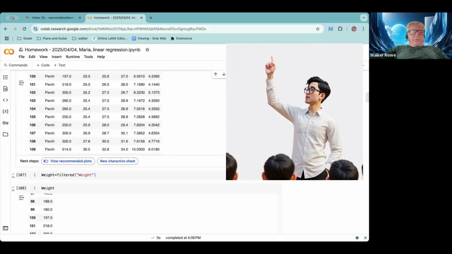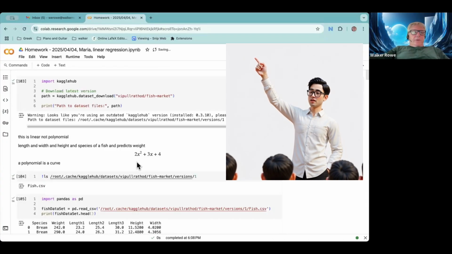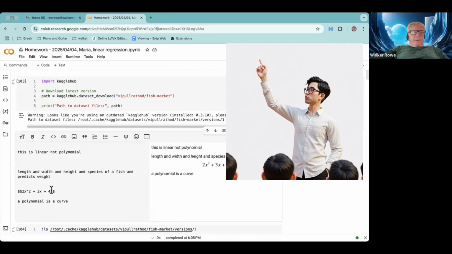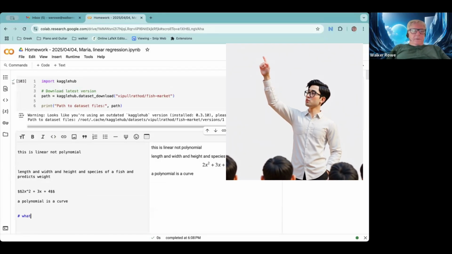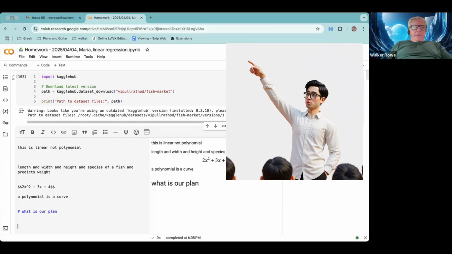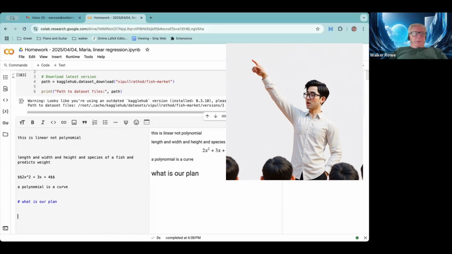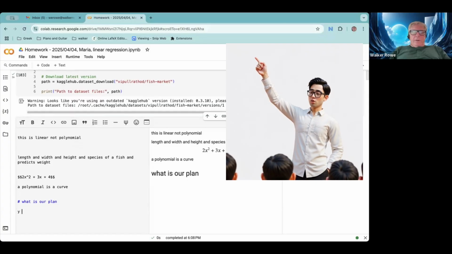Now the weight, what do we want to predict? Let's write down what we're trying to do here. What is our plan? Before, when we did simple linear regression, we just said y equals mx plus b.